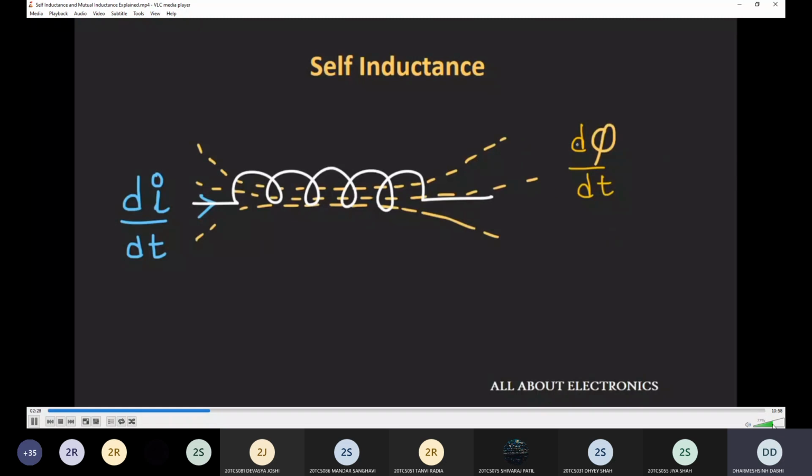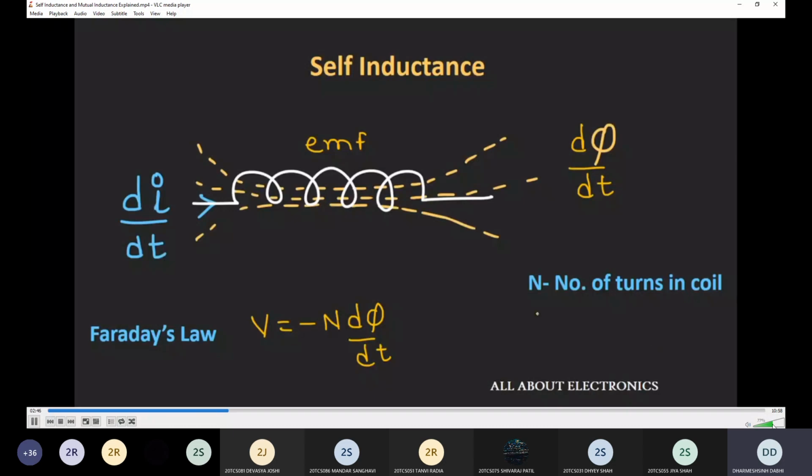This time varying magnetic flux produces an EMF or voltage in this coil. According to Faraday's law, the voltage induced in this coil can be given as V equals minus N d phi by dt, where N is the number of turns in this coil. Let us say this is equation number 2.